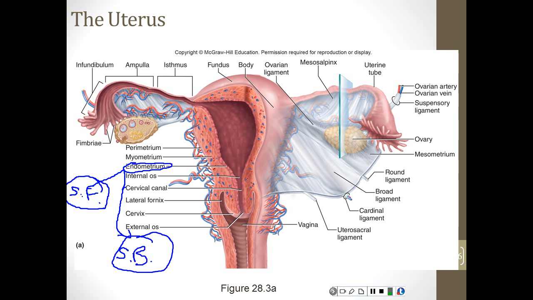Now a pair of uterosacral ligaments attach from the posterior, the back side of the uterus, to the sacrum. Now we have a pair of round ligaments. Here's our round ligament, which arises from the anterior part of the uterus and passes through the inguinal canals, and then terminates at the labia majora.